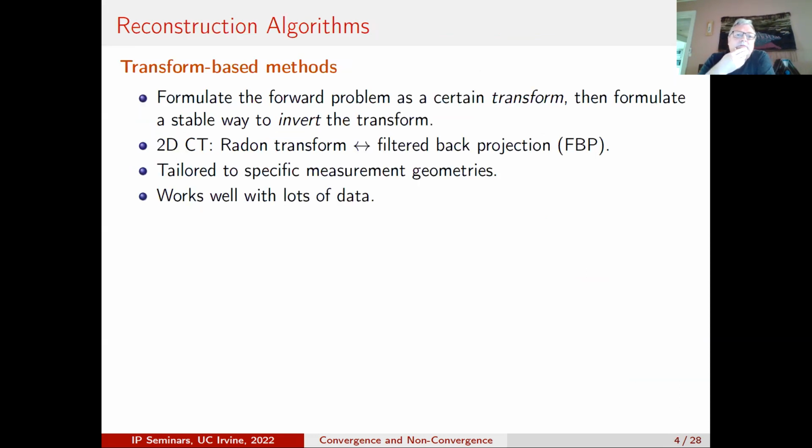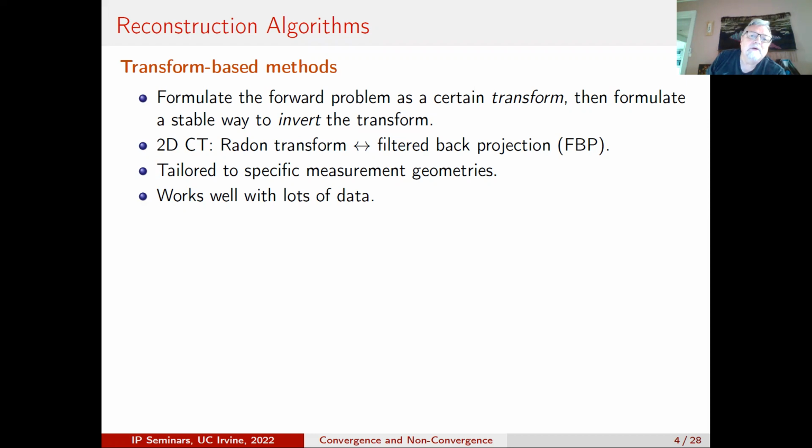Okay, now there are so many different algorithms available for doing reconstruction in computed tomography. I will just mention here two different ways of thinking about a reconstruction.